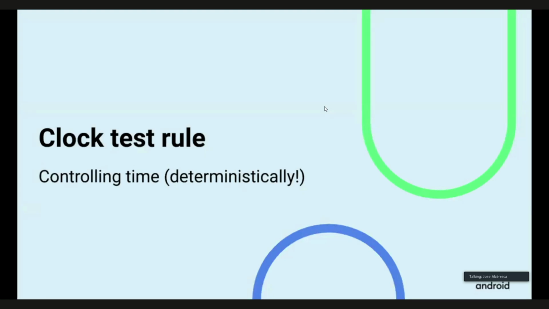Well, we used something called the clock test rule. Again, something super interesting and new. This rule lets us control time in animations deterministically, which is amazing if you're used to doing anything similar in the view world.